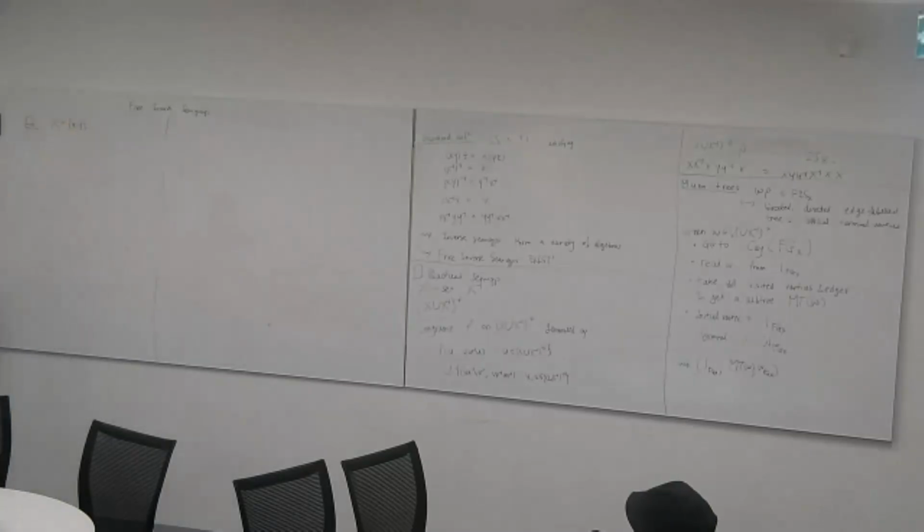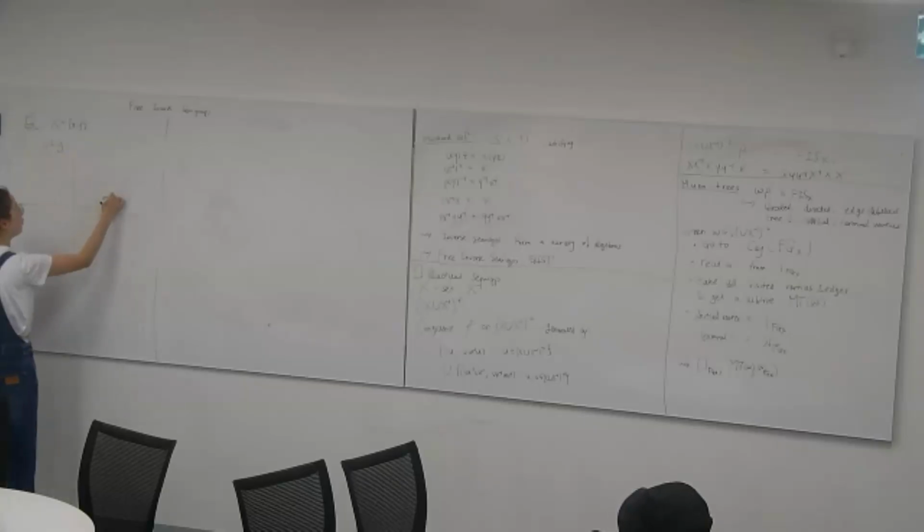And what is your favorite word? Don't give me anything too long. x squared, sorry, x squared y. Good. Then let's go to the Cayley graph of the free group on two generators. Identity, and this is x.